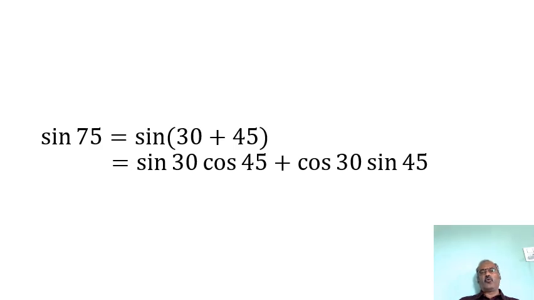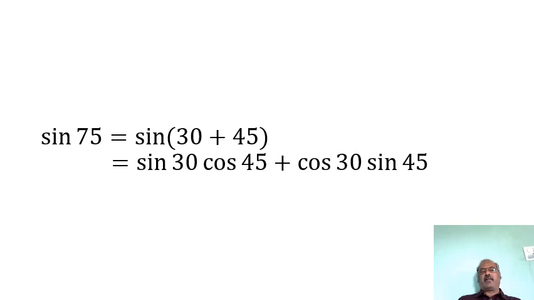We can use this formula to find sine of 75 degrees. Since 75 can be written as 30 plus 45, we will have sine 75 equals sine 30 cos 45 plus cos 30 sine 45. In our previous video, we have shown how sine 30, sine 45, cos 30, cos 45 can be calculated. To look up that video on our channel, look for the video Trigonometric Ratios.